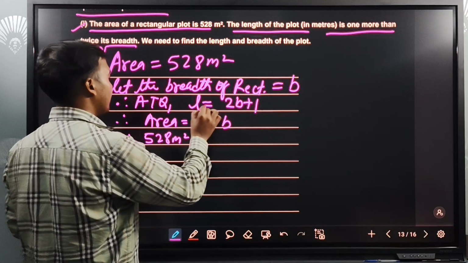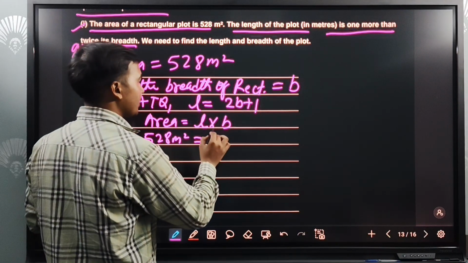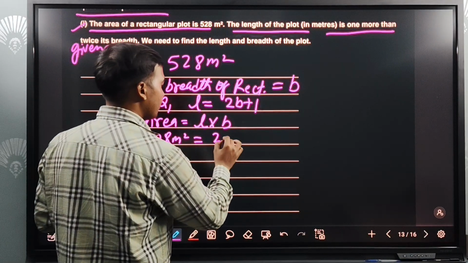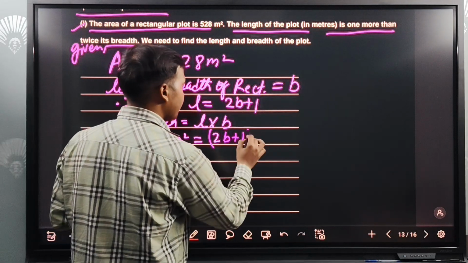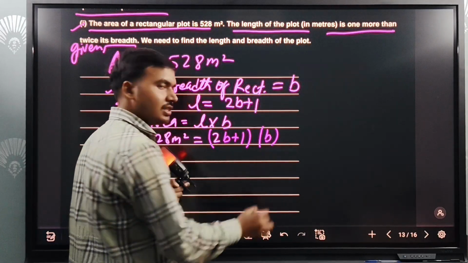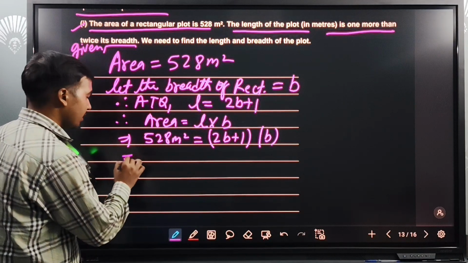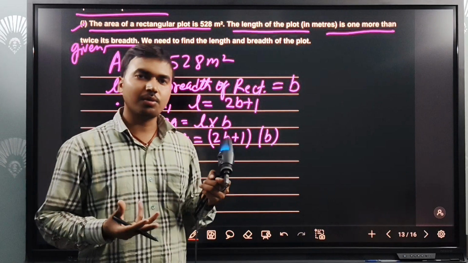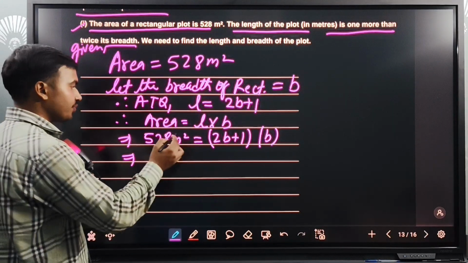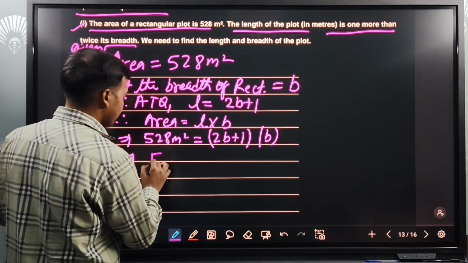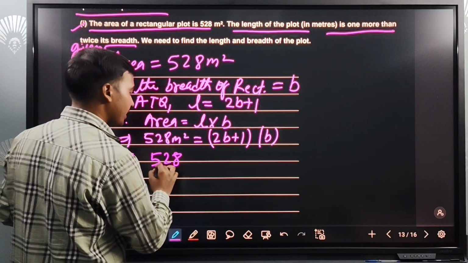What will you get? Length is 2b plus 1, multiplied by breadth, which is b. Solve this and bring it into the standard form. On the left hand side it will be 528 only.